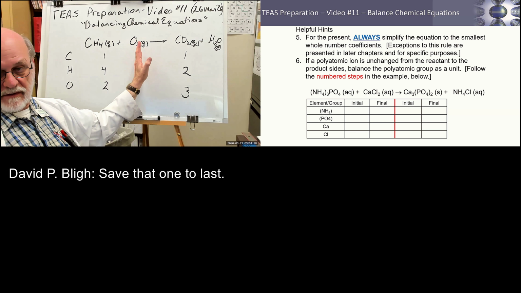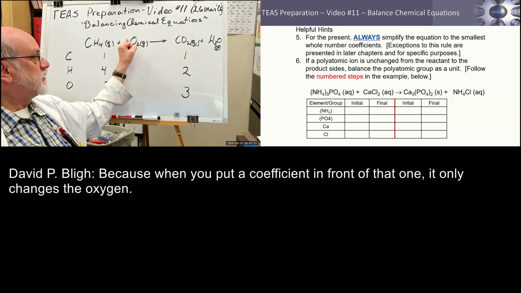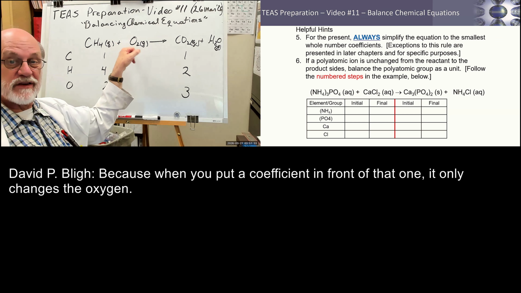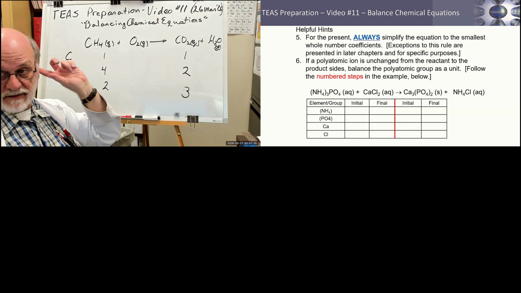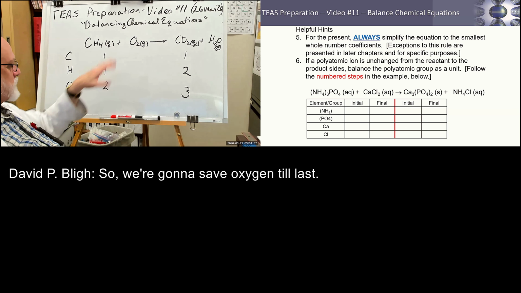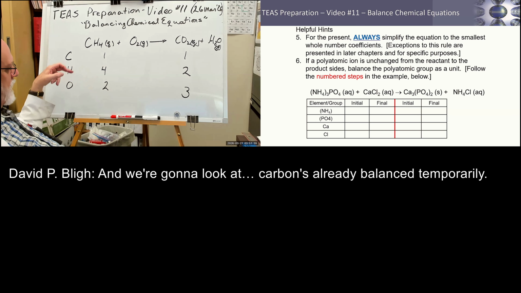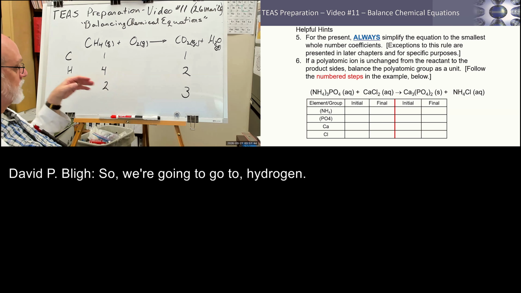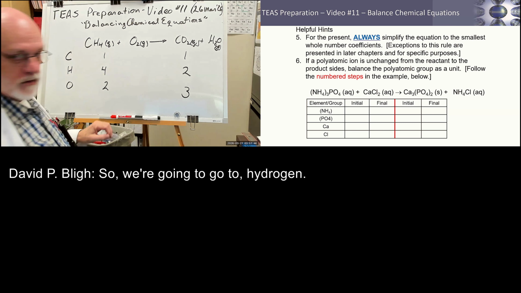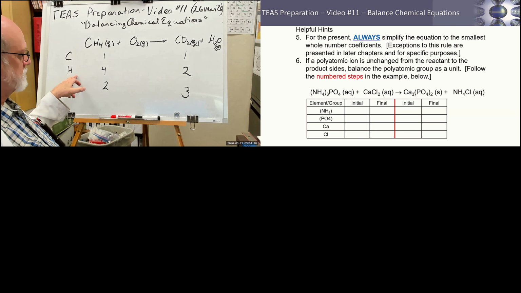Save that one to last, because when you put a coefficient in front of that one, it only changes the oxygen. So we're going to save oxygen till last. And we're going to look at carbon's already balanced temporarily. So we're going to go to hydrogen.